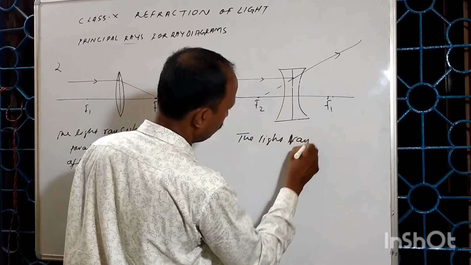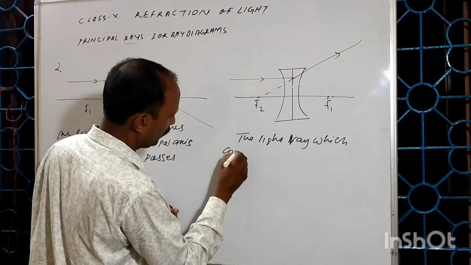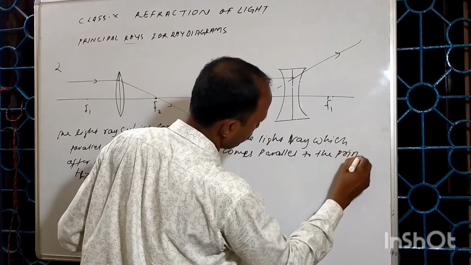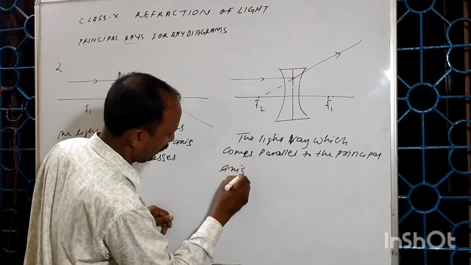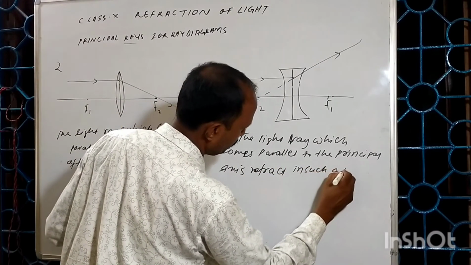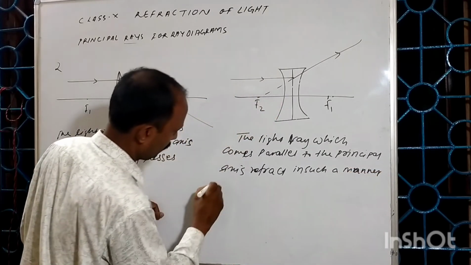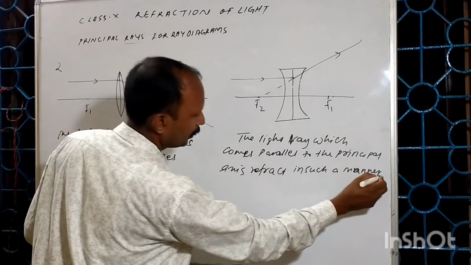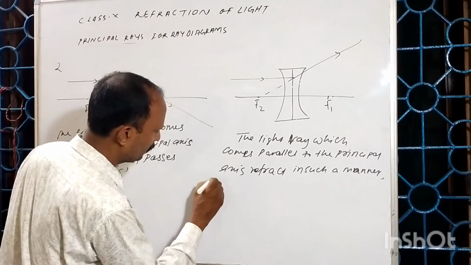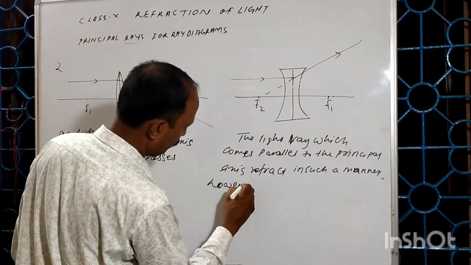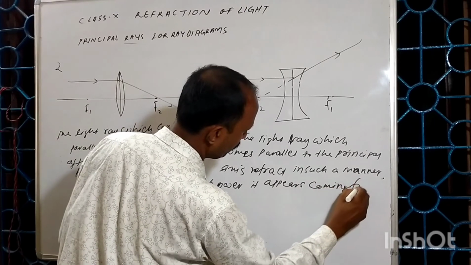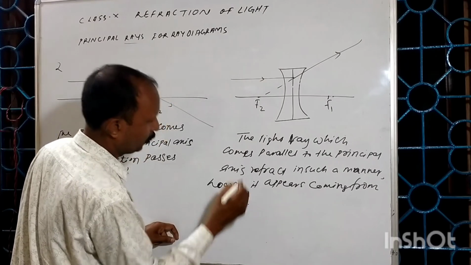In this case, what happens? The light ray which comes parallel to the principal axis refracts in such a manner that it appears to be coming from F2, coming from the focus.